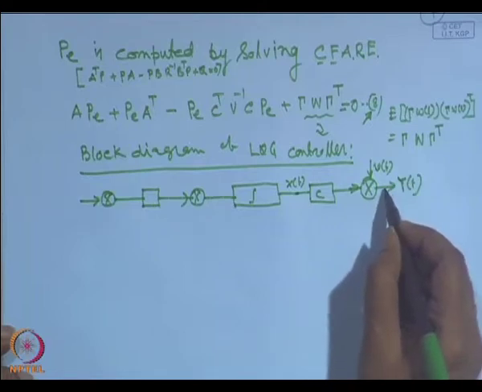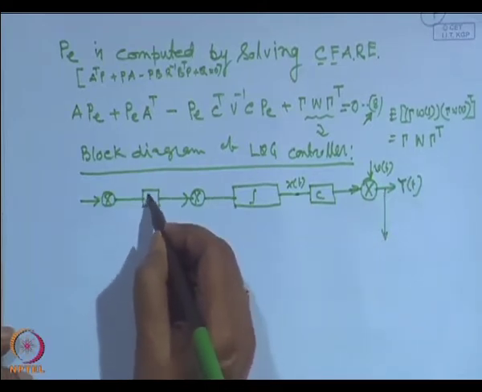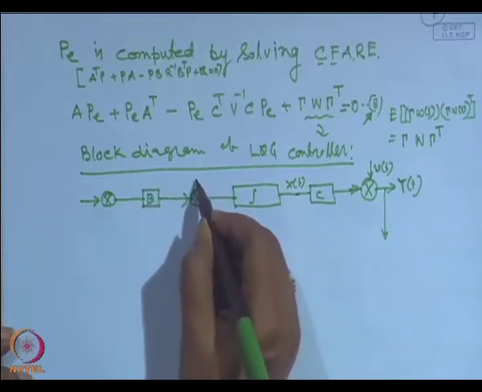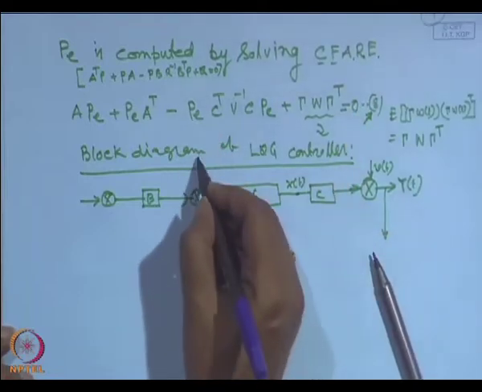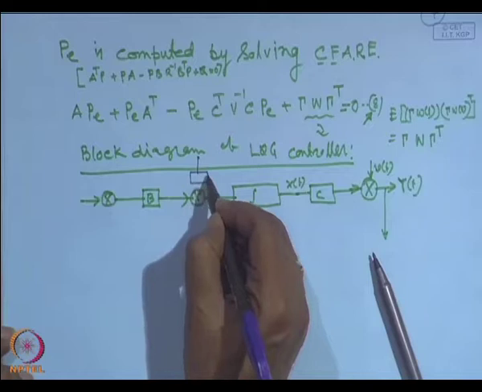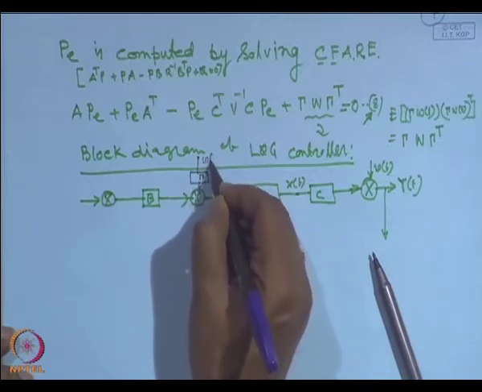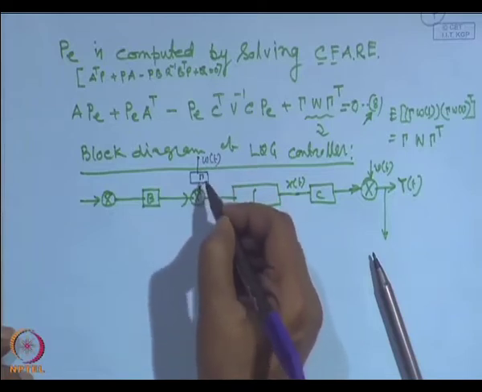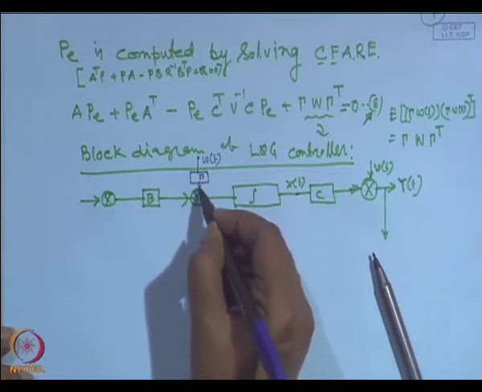And here W of t comes, passing through the block gamma. So, this is the input noise entering through channel gamma.